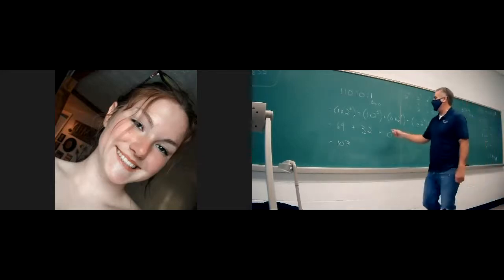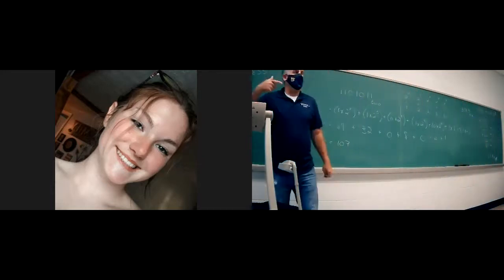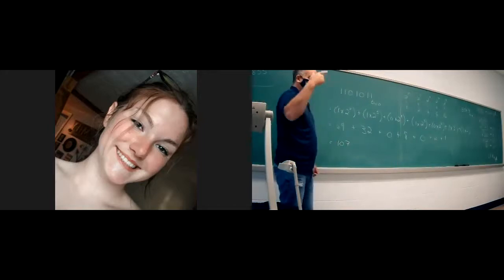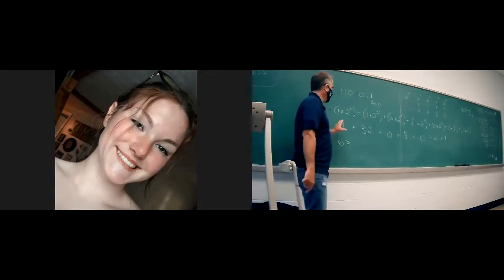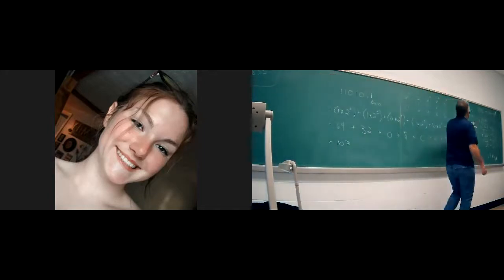So I just think about my powers of 2, and the ones I need, I put a 1 in that place value. The ones I don't need, I put a what? A 0. So when I do conversions with base 2, you can do it the other way, but since it's just zeros and ones and the powers of two, I treat it a little differently.